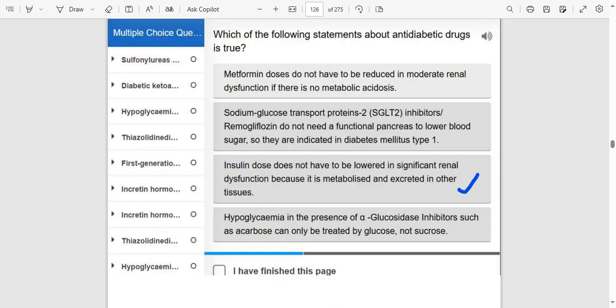Another thing about metformin is its excretion in urine is unchanged. So the effect of the kidney on the excretion of this drug is not that much. So the only contraindication is when you have got the actual metabolic acidosis. So you still maintain the dose, isn't it? Will not change anything. We agree with that.